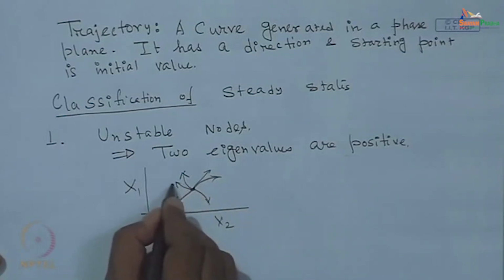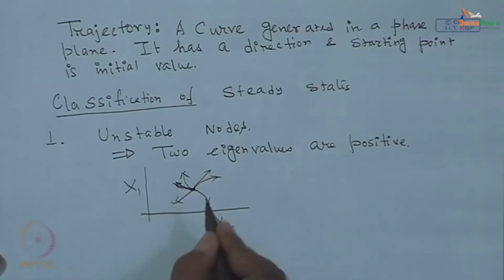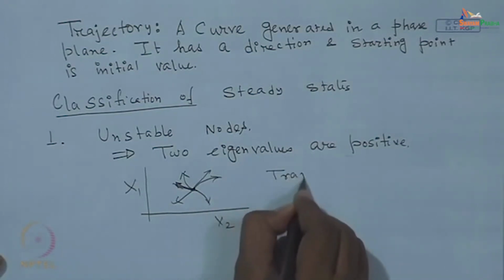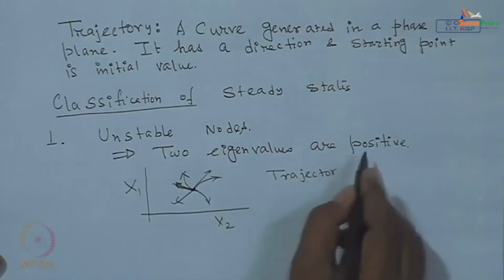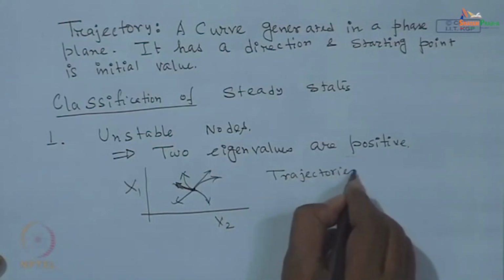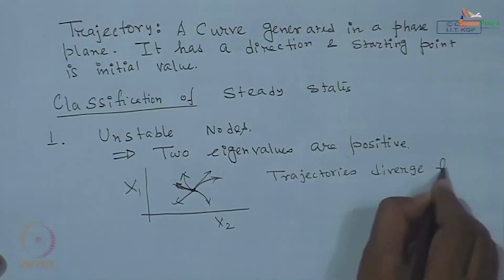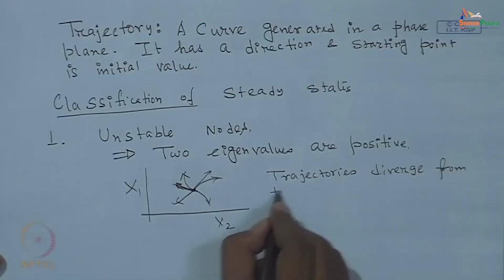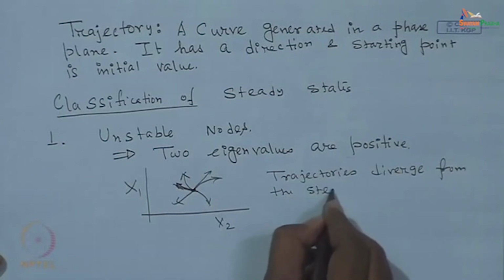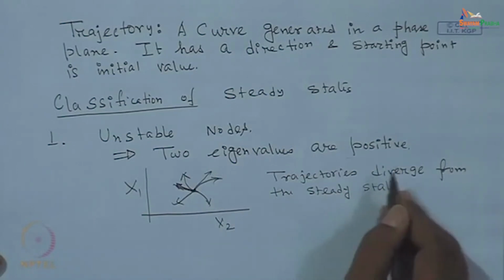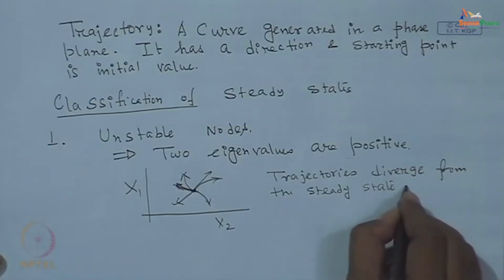The tangential directions presented in the node are the eigenvectors. So, therefore, trajectories diverge from the steady state monotonically. That is the feature of an unstable node.